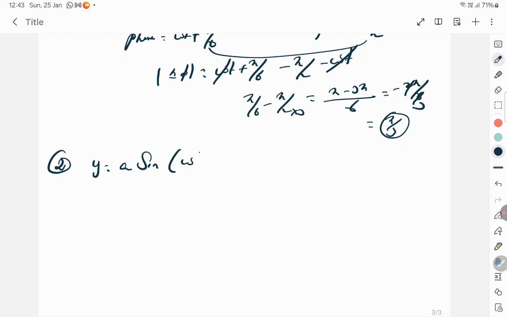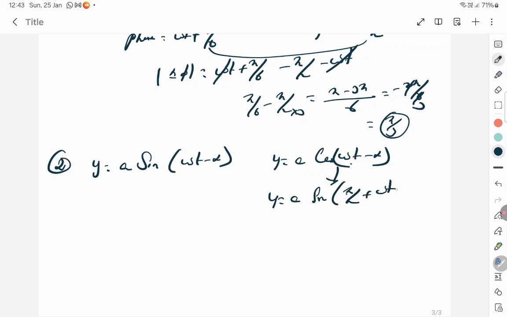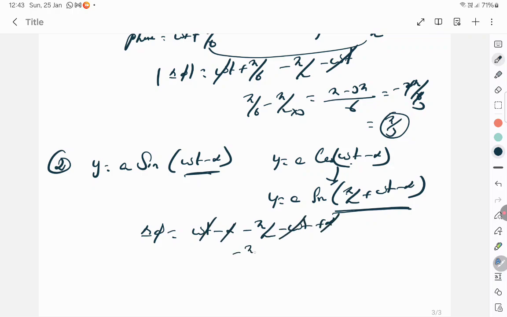Let's go to the next question, which is a JE question. x is equal to a sine omega t minus alpha, y is equal to a cos omega t minus alpha. I will convert this. Y is equal to a sine 90 plus omega t minus alpha. I got this phase and this phase, and I can subtract to get the delta phi: omega t minus alpha minus pi by 2 minus omega t plus alpha. It's minus pi by 2.